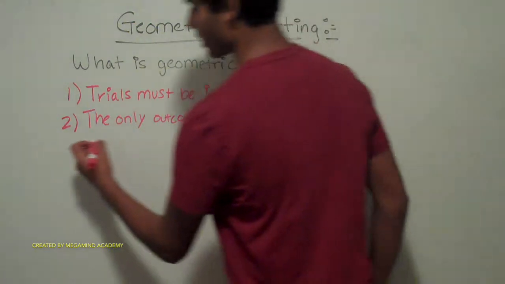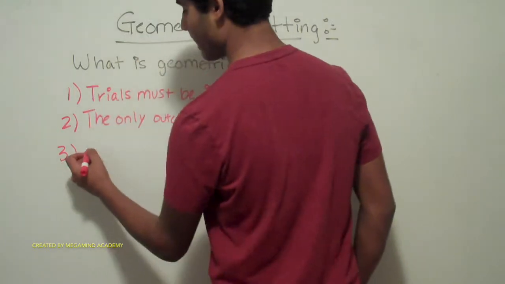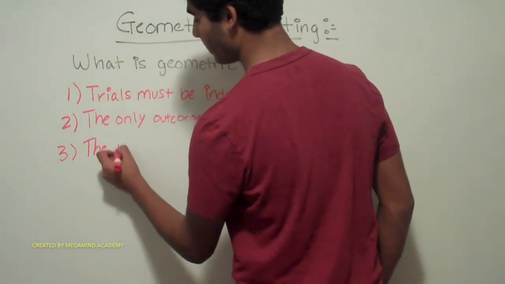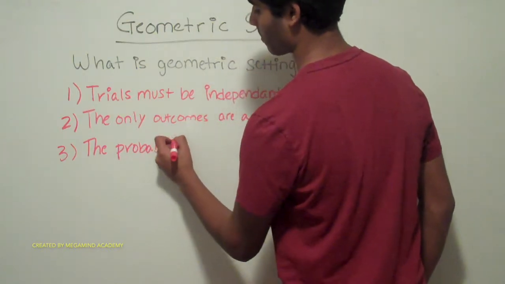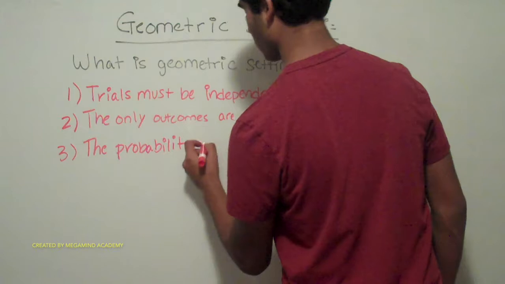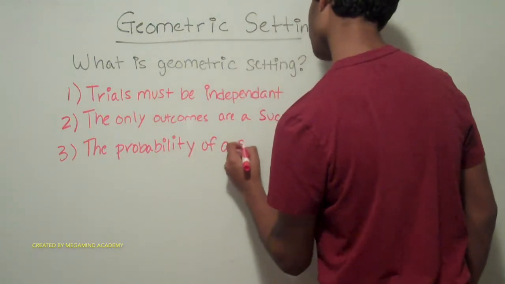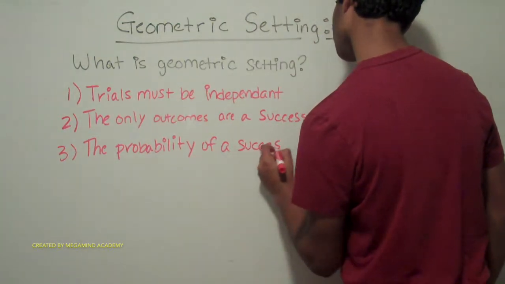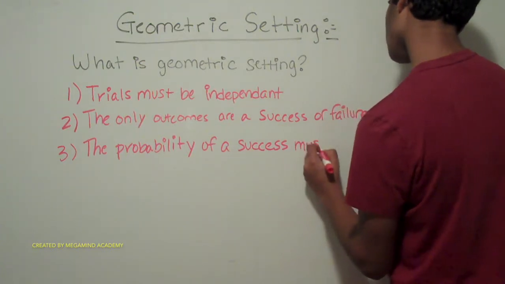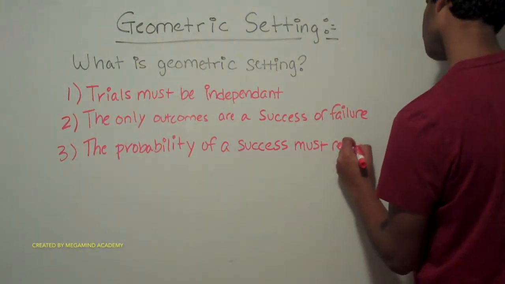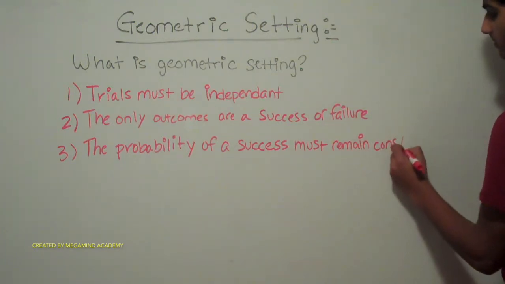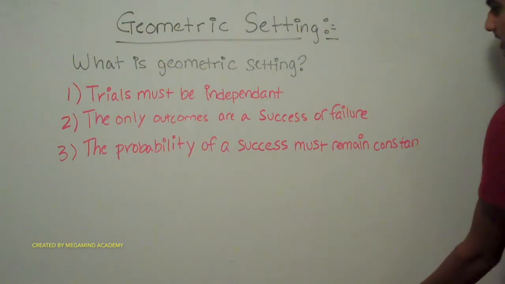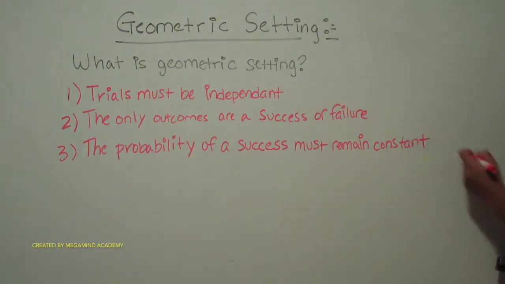Now let's move to the third condition. The third condition just says that the probability of a success must remain constant. I don't think you guys can see that, must remain constant. So what does this mean?